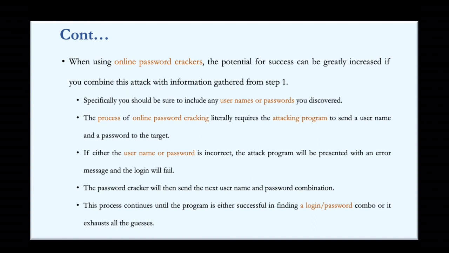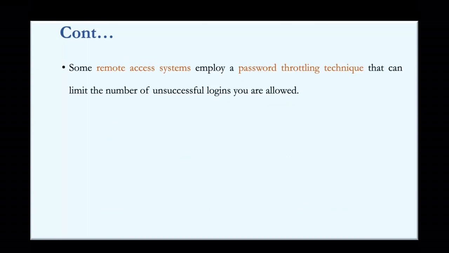Some remote access systems employ a password throttling technique that can limit the number of unsuccessful logins you are allowed. After n number of logins, if you are continuously trying these combinations, there is a chance of an intrusion detection system on the target side. They will block your IP address.